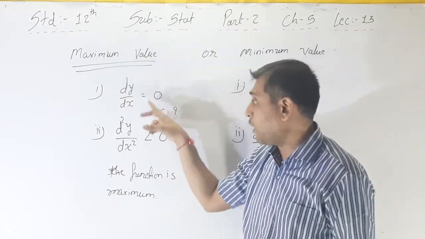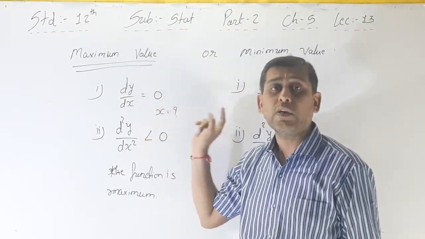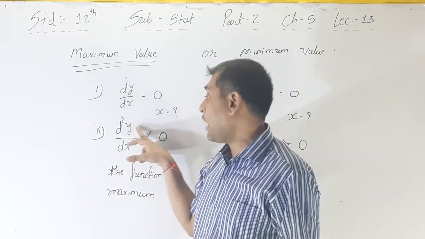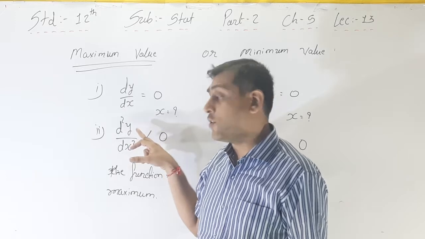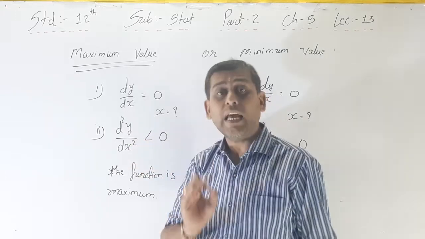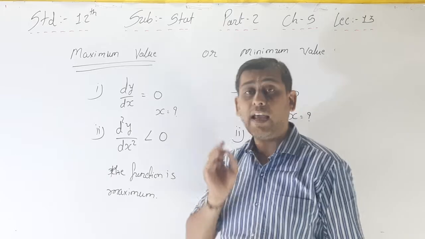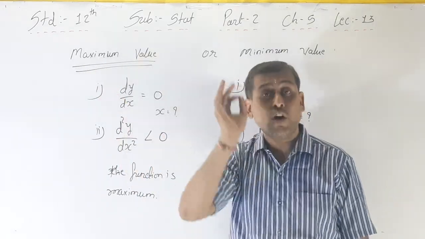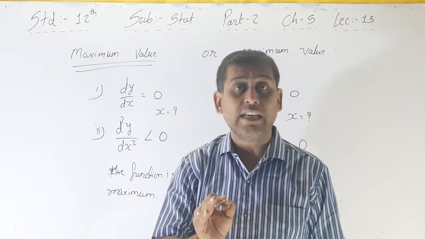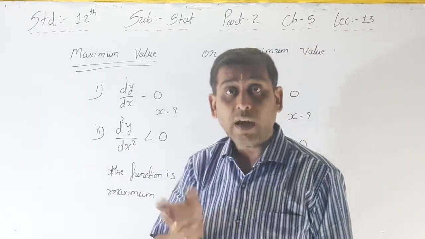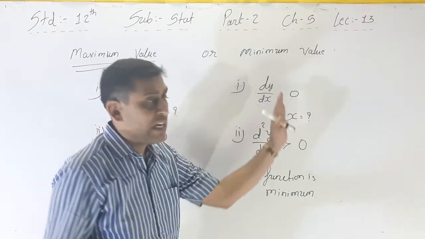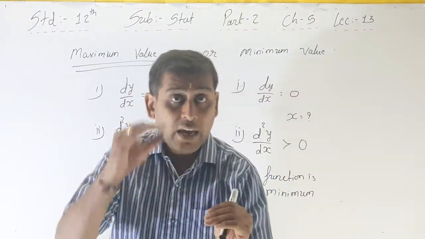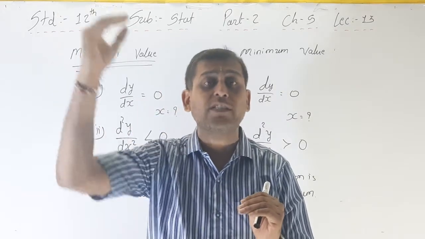First we find the differentiation, put it equal to 0, find the value of x, then find the second derivative, and if the second derivative is less than 0, then at that value of x the revenue function is maximum, right? For the contrary, the cost function is always minimized, as the revenue function is always maximized.